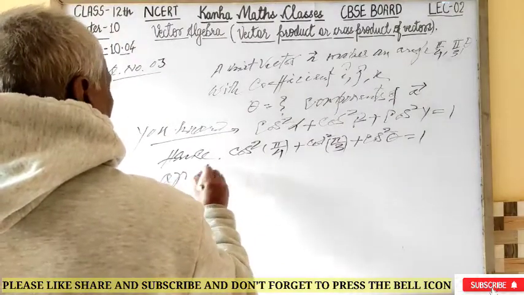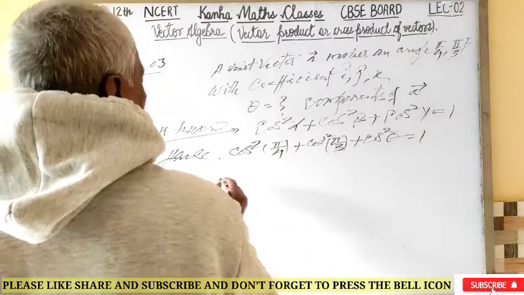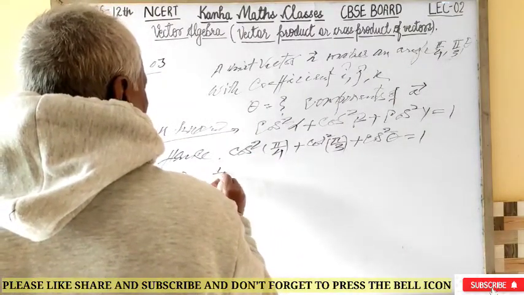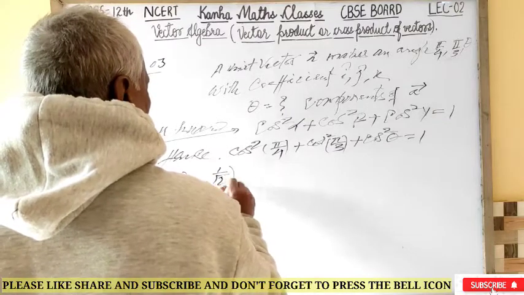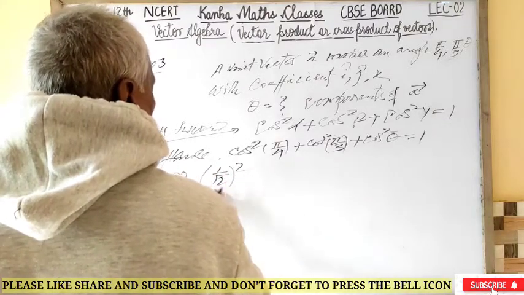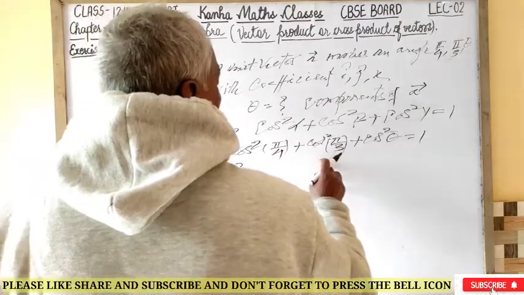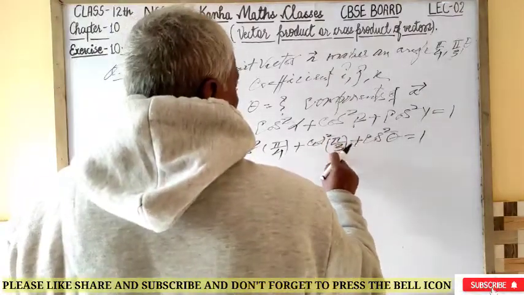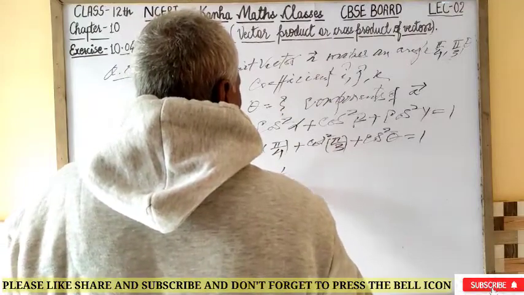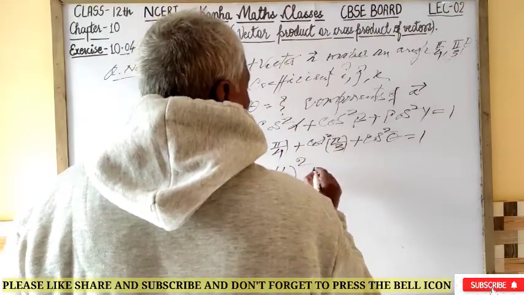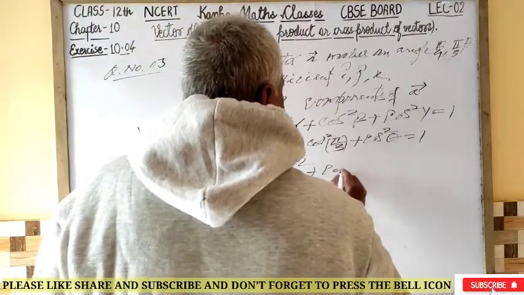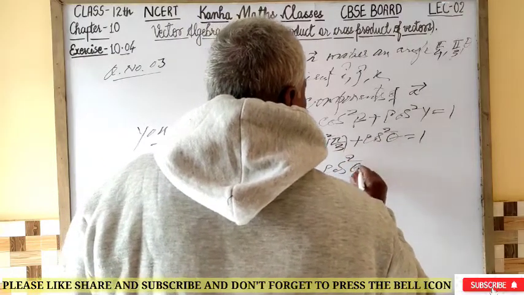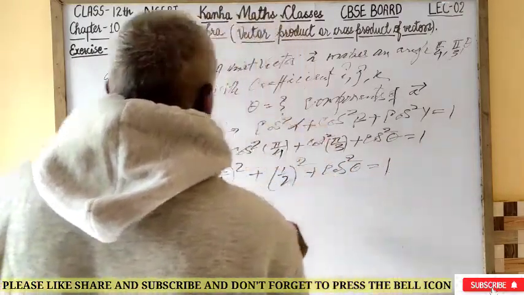Cos pi by 4 means 1 upon root 2, whole square. Cos pi by 3 means 1 by 2, cos 60 is equal to 1 by 2, that is square, plus cos square theta is equal to 1.